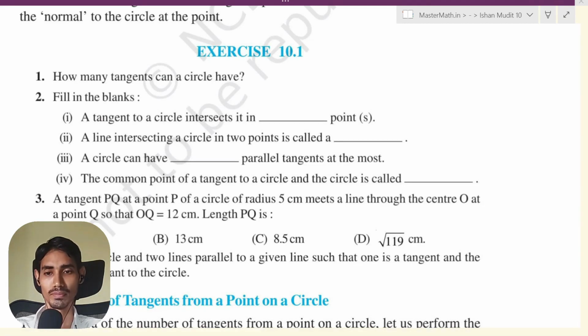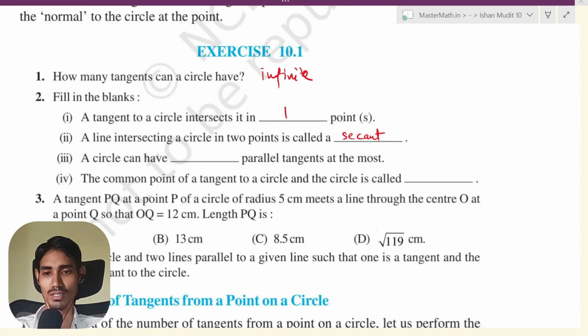Secant. A tangent to a circle intersects it in, fill in the blanks, one point. Okay, so you answered, so we can't allow that.